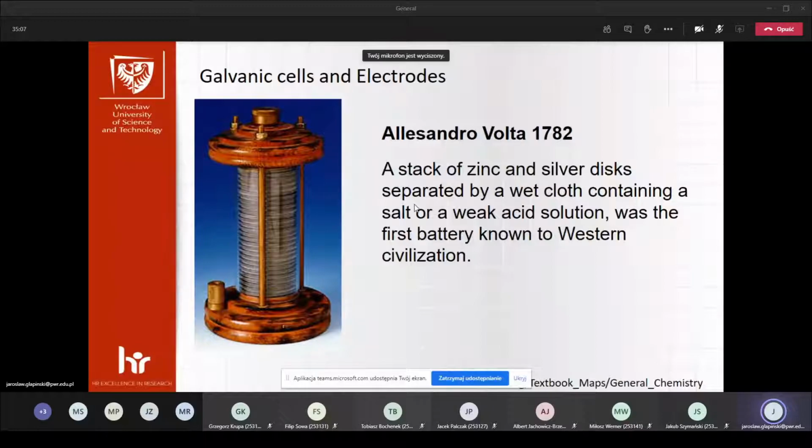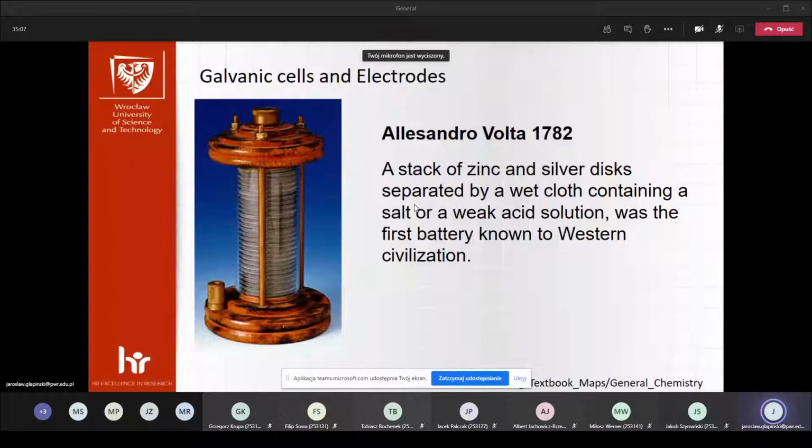For example, if we join a zinc and silver disk, one on another, and if we separate them by a wet cloth containing a salt or weak acid, we will have some voltage drop, we will have some energy. Yes, so he discovered the first battery, the first Western civilization battery.